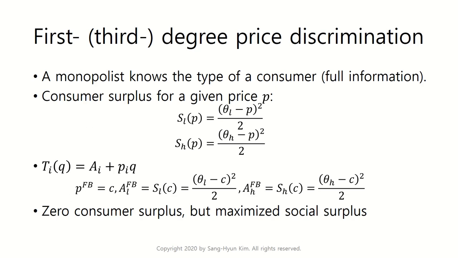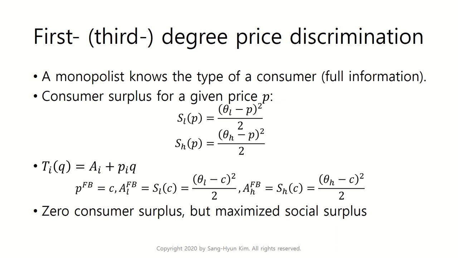So let's move on to our main discussion on price discrimination. Let's first consider the first and the third degree price discrimination. In this case, we can't distinguish them because we assume there are only two types of consumer.